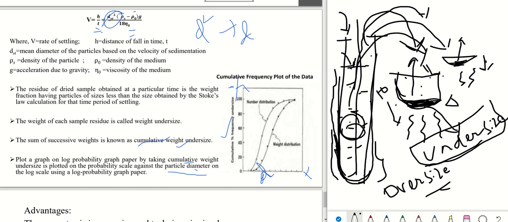Like this, we can take the data on the y-axis and plot a graph. So we can actually get two graphs. This is known as a sigmoid curve. We will be able to get the number distribution, how many particles, and also the weight distribution, like undersize and oversize.